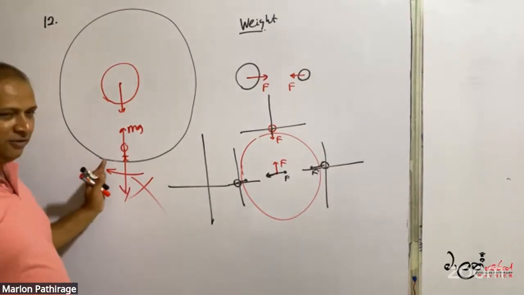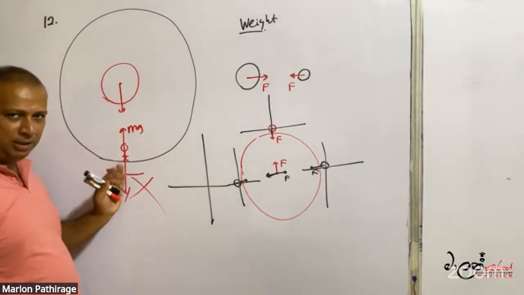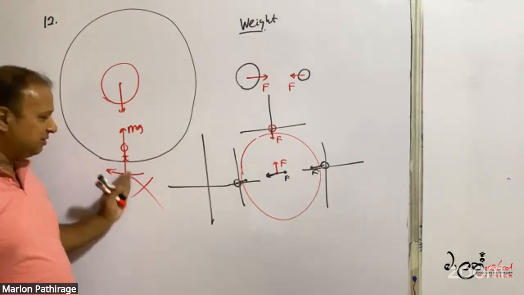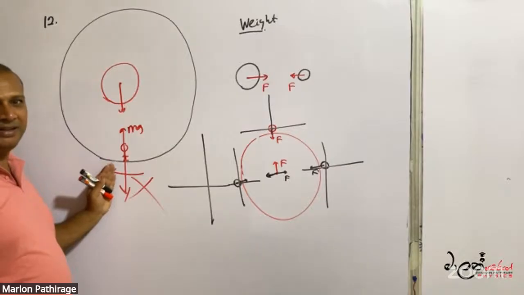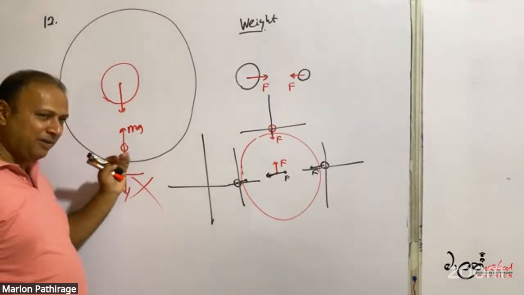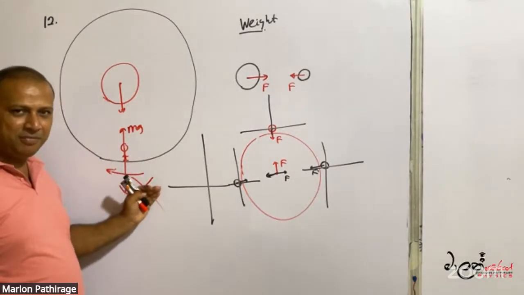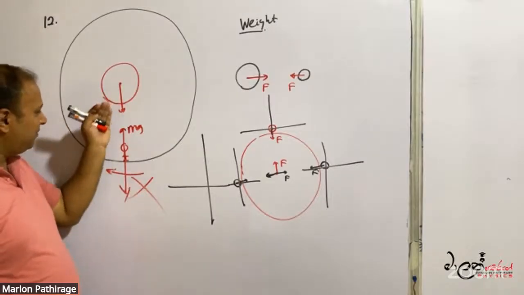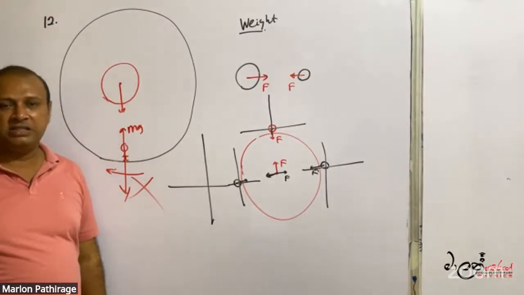So this is the force diagram. This is the force diagram relevant to this question. This force diagram is relevant to a man who is in a gravitational field, somewhat about the earth.